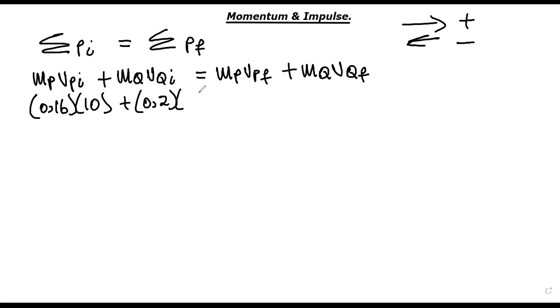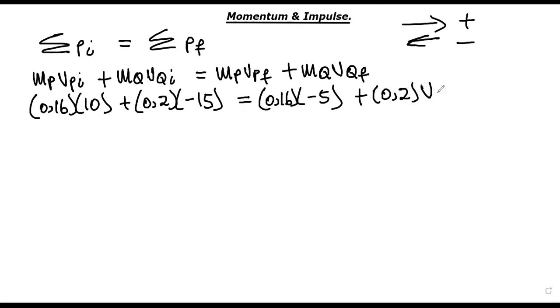Its initial velocity is negative 15 meters per second. The mass of P is still 0.16. The final velocity is going to be negative 5. And then the mass of this one is still 0.2, but we are looking for the final velocity of ball Q.